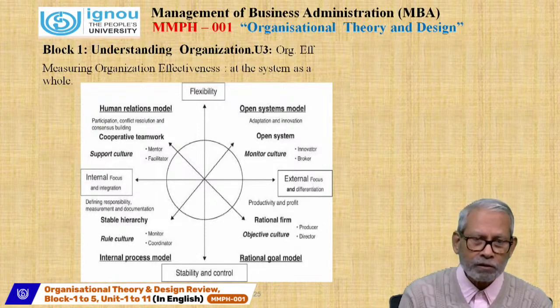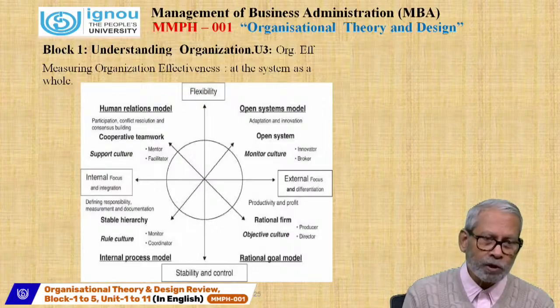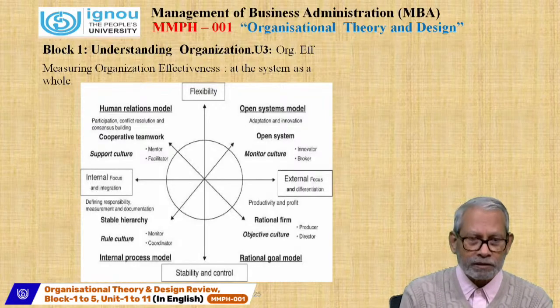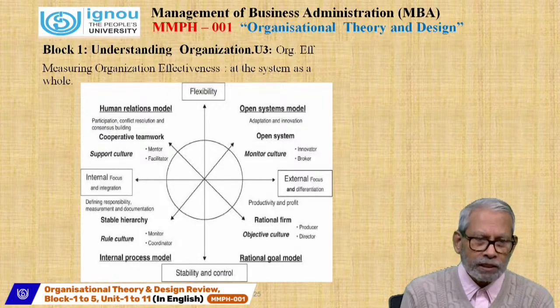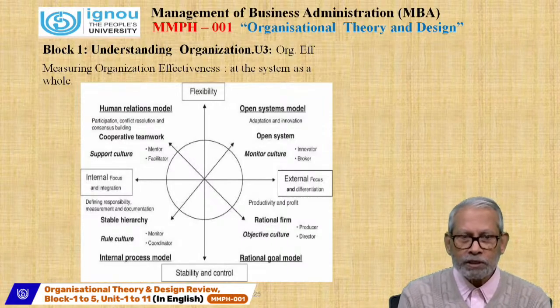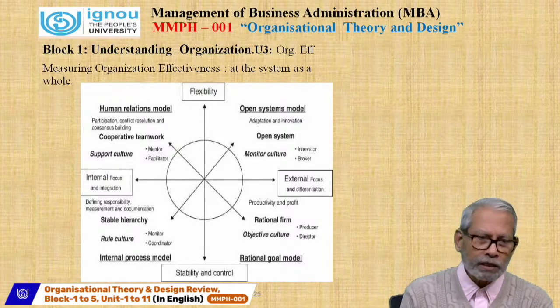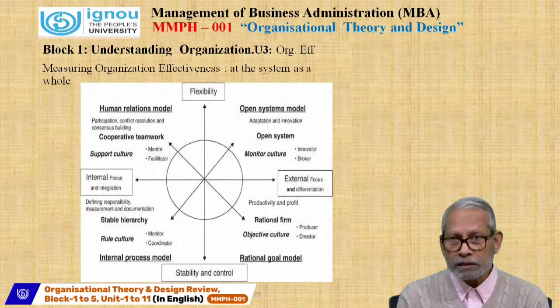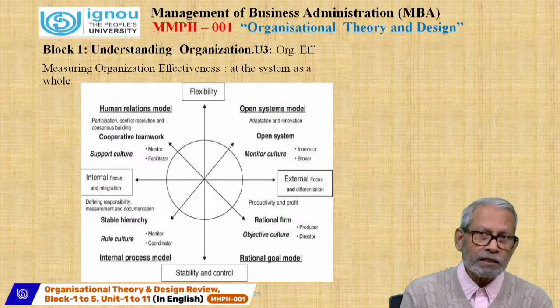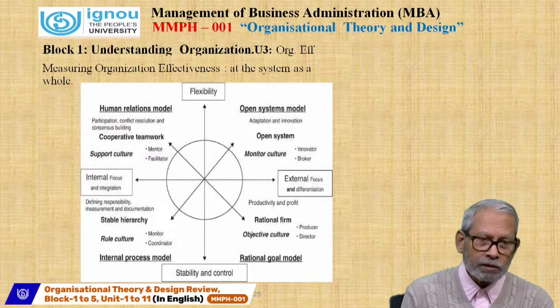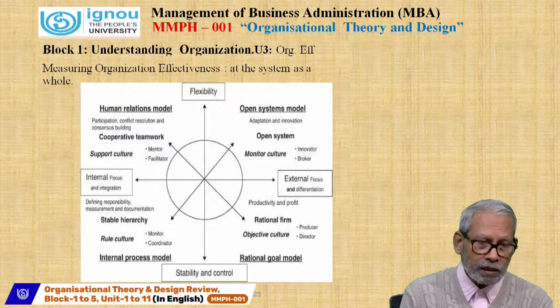Then organizational effectiveness: we are now talking about all the systems as one whole system. You have to see the ultimate aim of efficiency and effectiveness. So on one part you see the human relations model, and the other way you see the open systems model. That has to be done in a synchronized and very coordinated way, with an internal focus and then an external focus also. On the internal side, the left-hand side you see, are human resource relations, cooperative teamwork, support cultures, stable hierarchy, rule cultures, and the internal process model.